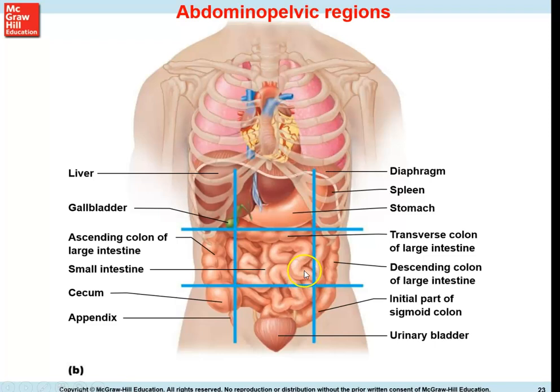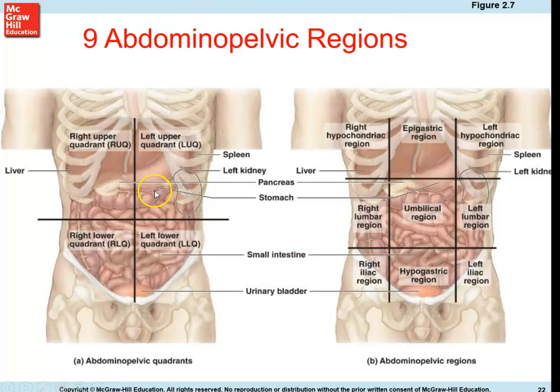And that's why, if you were to describe pain in the right upper quadrant, it could be pain from the liver or the gallbladder. It could be pain from the large intestine, the splenic flexure, the hepatic flexure of the large intestine.